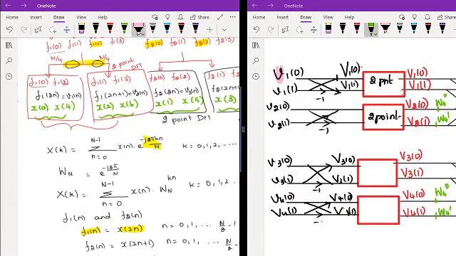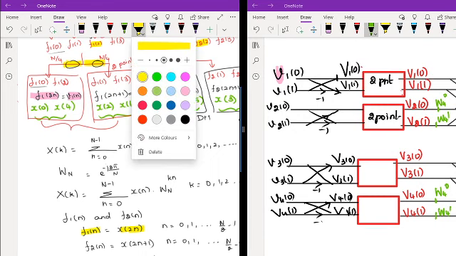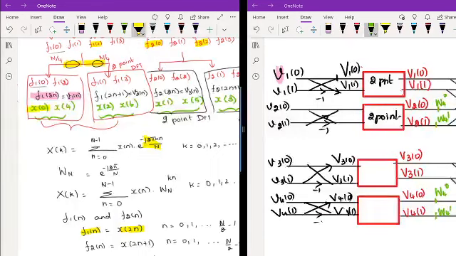Initially we gave V1 of n for F1 of 2n, and the answer for that is x of 0 and x of 4. The x of 0 and x of 4 are represented as V1 of n. Same thing here: x of 2 and x of 6 are present in V2 of n. That is, V2 of 0 is equal to x of 2 and V2 of 1 is equal to x of 6.